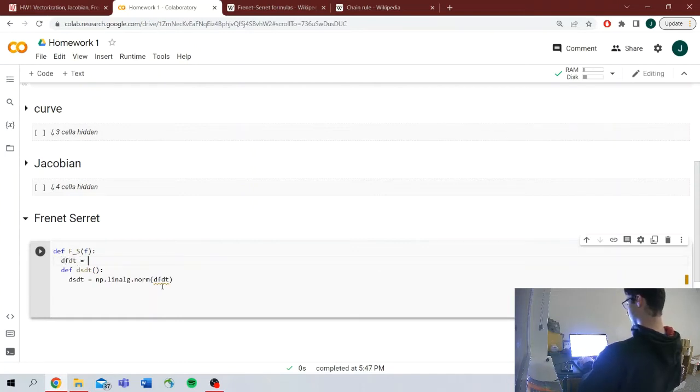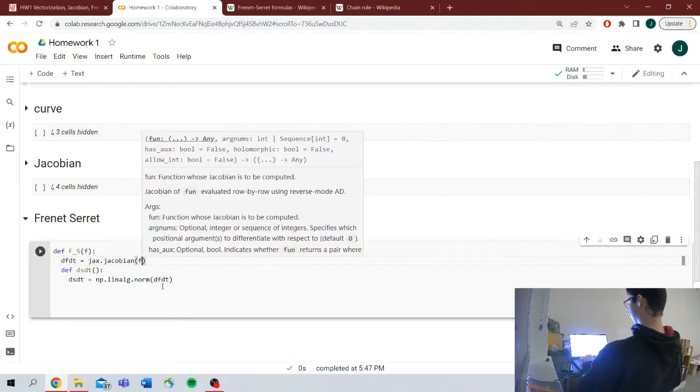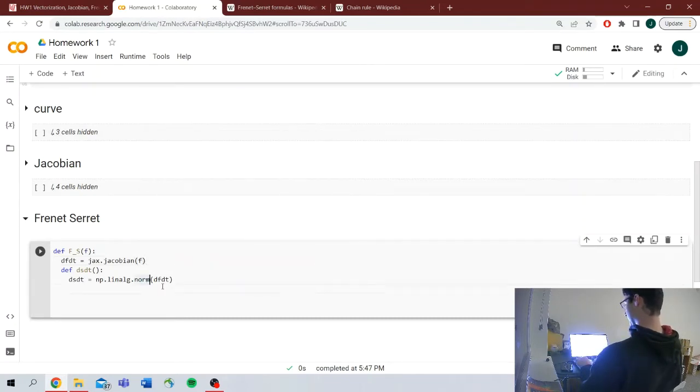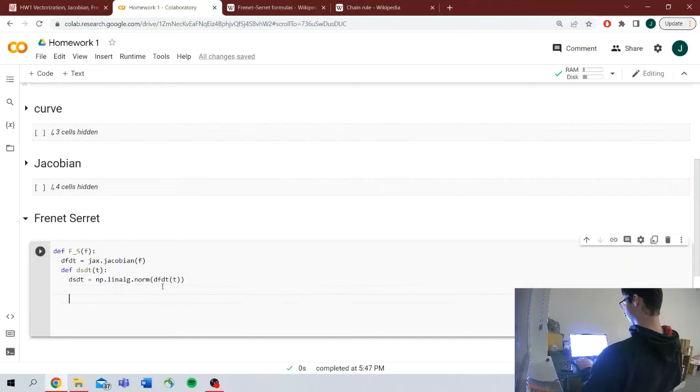So df dt equals, and we're going to use the Jacobian that we talked about in part 1, except we're going to use Jax's automatic differentiation of f. Then we're going to solve this at t. Okay. So that's going to give us our ds dt and df dt.